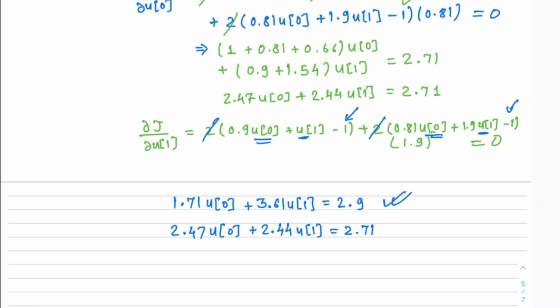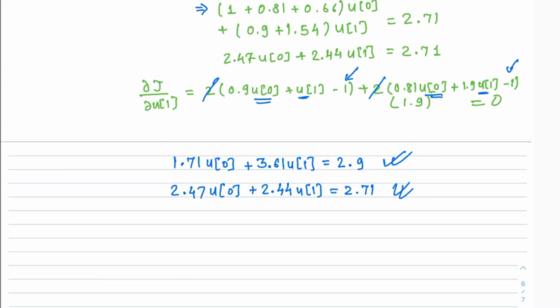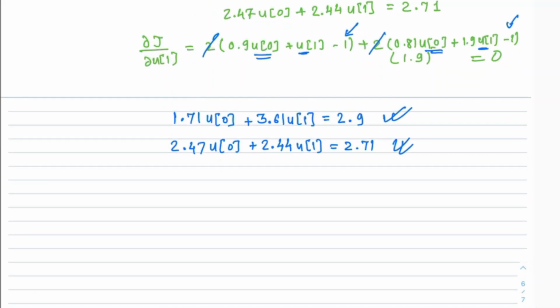So we have two equations, and we have two unknowns u0 and u1. We can solve for that.